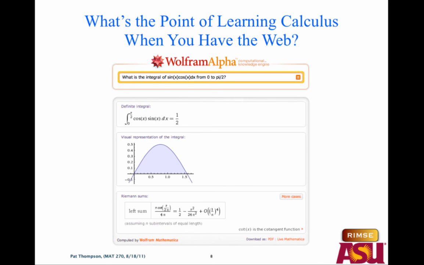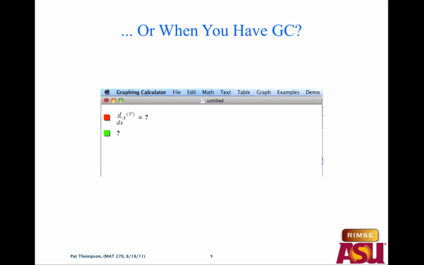And so we have technology that can do this kind of computational math instantly. Likewise, here's another very complicated math question, asking for the derivative of x to the 3 to the x. Literally, in less than a second, it can give you that expression.